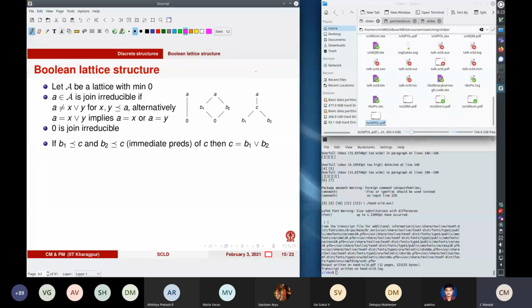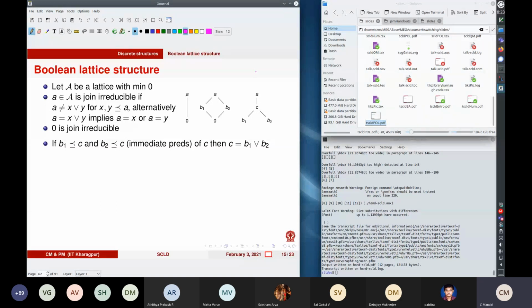Okay. Now let us try to understand the structure of a Boolean lattice. So let us consider a lattice with a minimum element. Let's say that is 0.